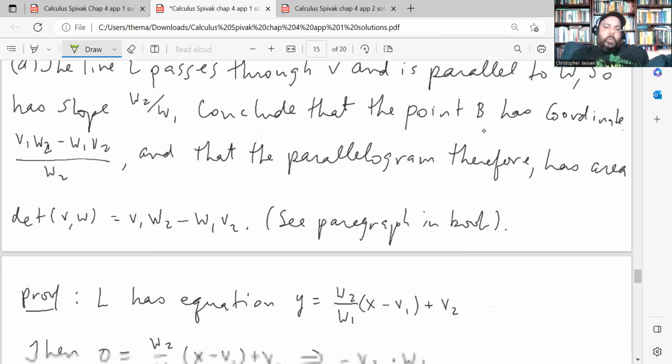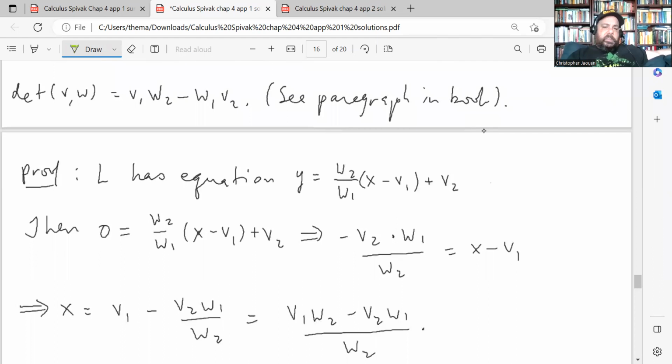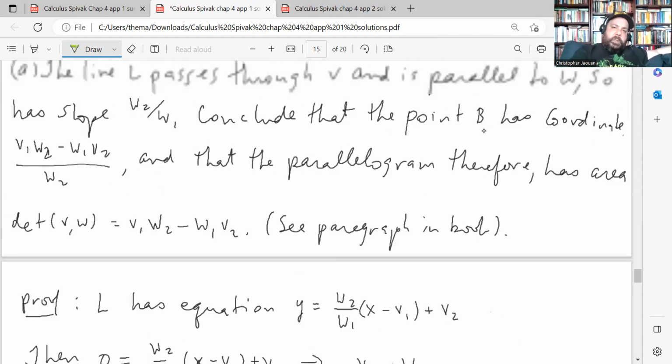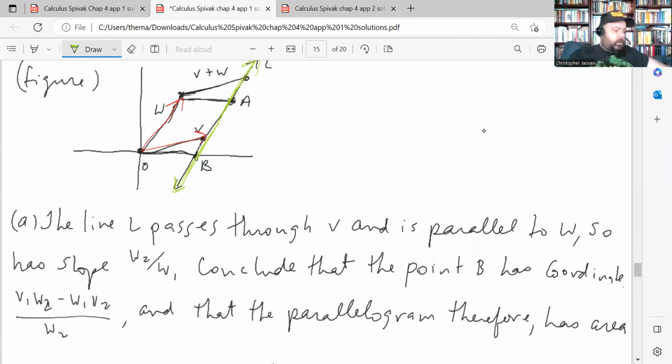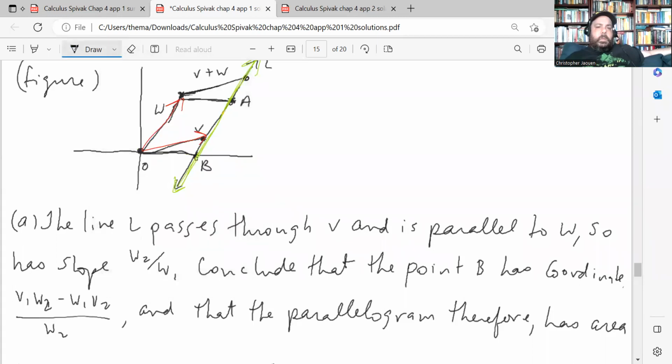So what I did to prove this problem is just find the equation of the line L. If you look at the picture, this is the equation of line L: Y is W2 over W1 times (X minus V1) plus V2. Then set Y equal to 0 to figure out what point B is.